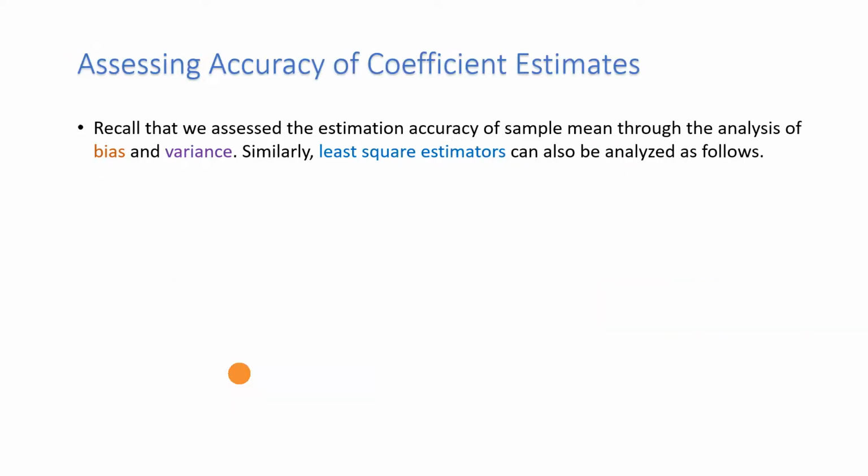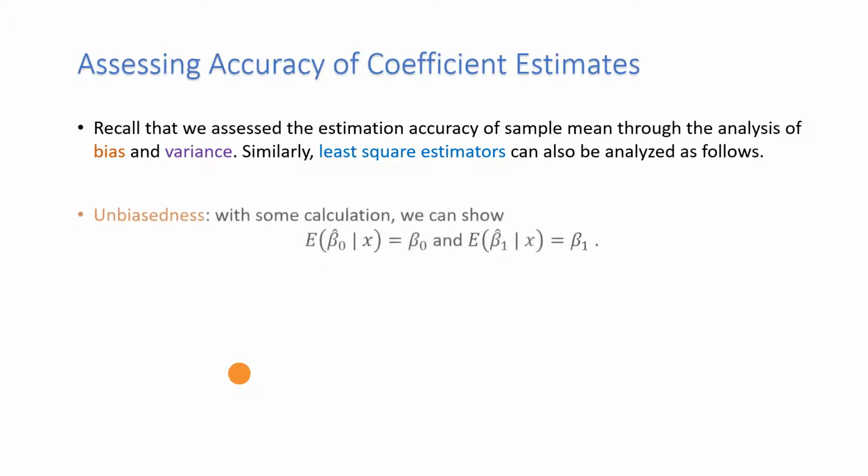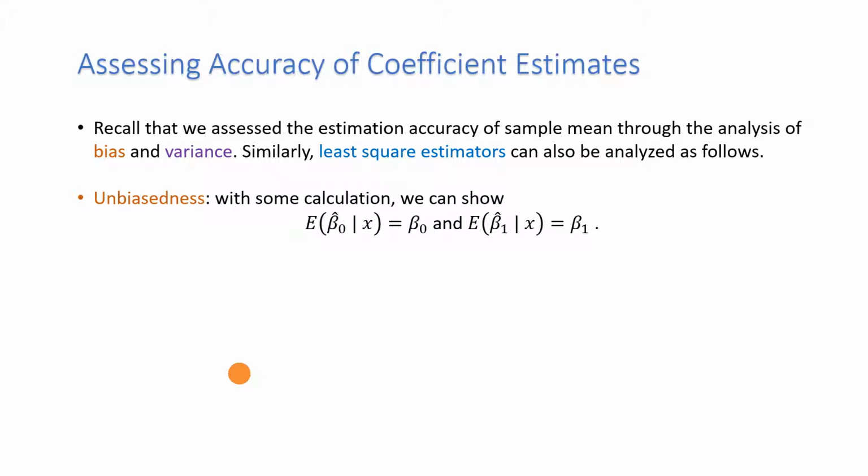Okay. So recall that at the very end of last class, we discussed that we would like to assess the accuracy of your coefficient estimate, right? As long as we fit a simple linear regression from a least square estimator, we obtain an estimator of beta 0 and beta 1, and we denote them as beta 0 hat and beta 1 hat.